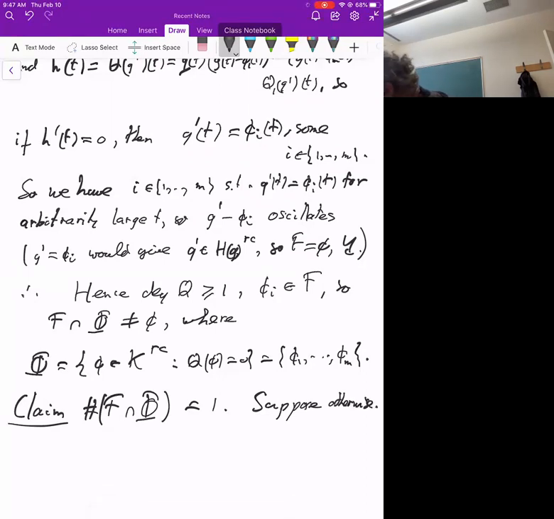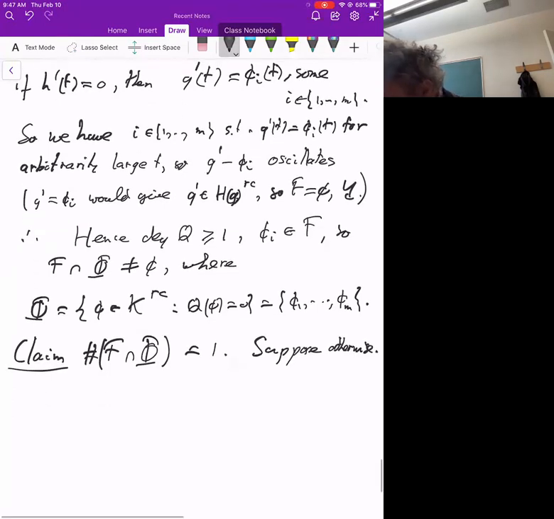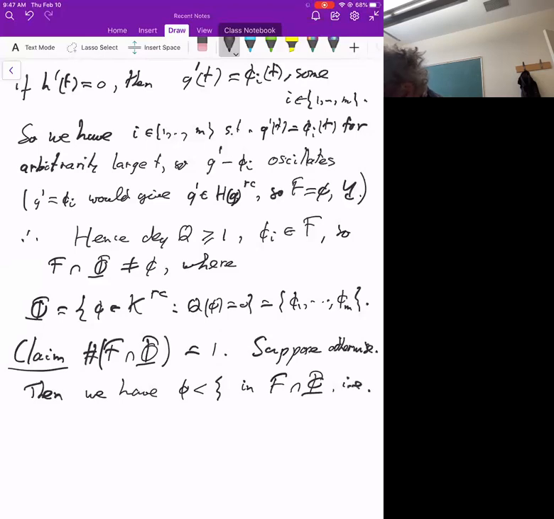Then we have at least two elements, phi less than xi in F intersected with capital Phi. We have two of those phi_i's, such that g prime minus phi and g prime minus xi both oscillate.